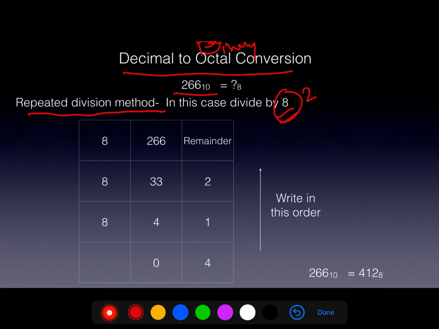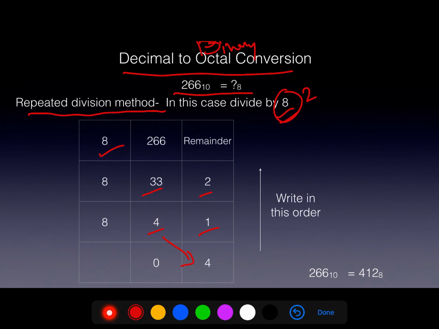As you can see, there's one example here: 266 base 10 equals what in base 8? We repeatedly divide this number by 8 and keep storing the remainder. Dividing 266 gives quotient 33, remainder 2. Then dividing 33 by 8 gives quotient 4, remainder 1.